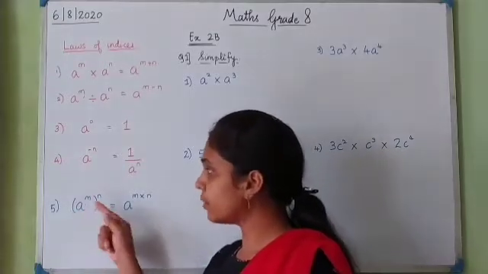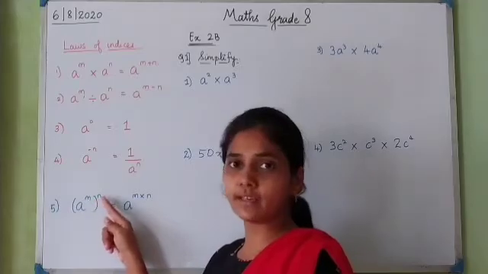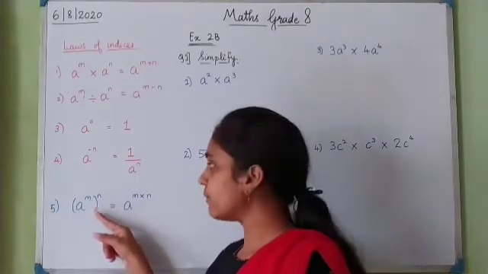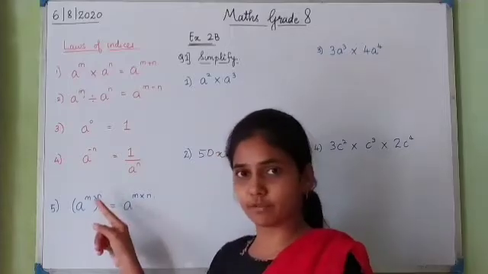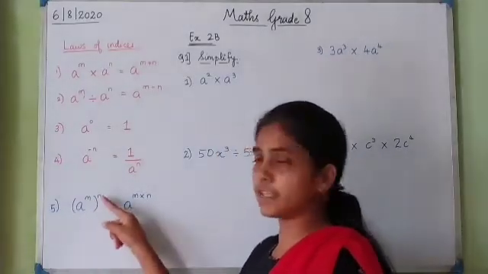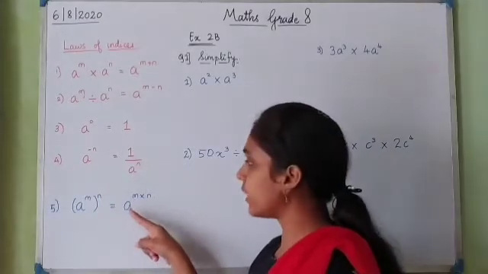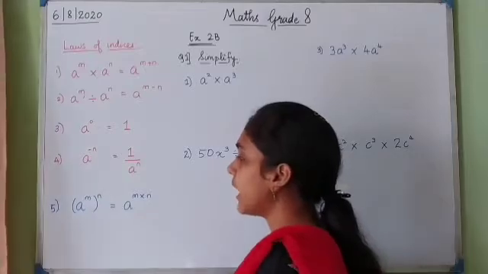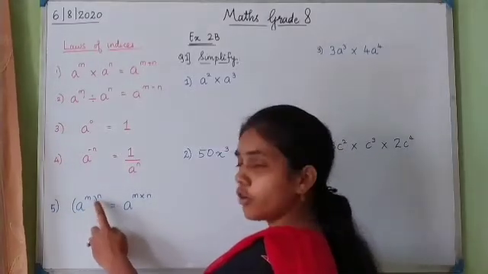See, m and n are two different powers and there is a bracket in between. So bracket means we have to multiply the powers, okay? So a raised to m, the whole bracket raised to n, is equal to a raised to m multiplied by n.